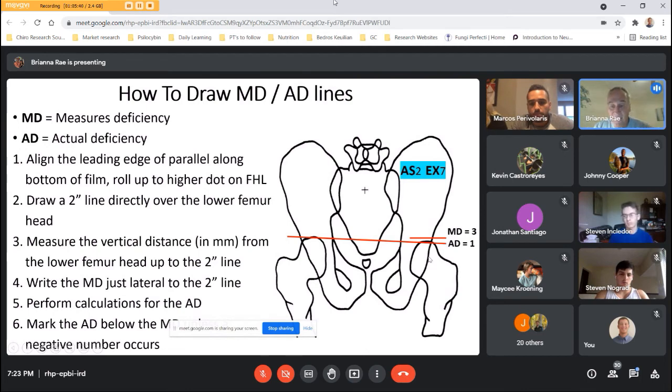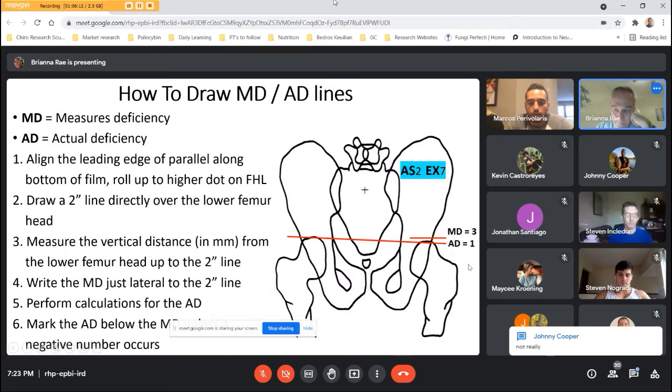We don't know the exact length of each leg, but we do know that the right one, if the ilium misalignment was corrected, is actually anatomically shorter. That's the AD of 1 millimeter. Did that answer your question, Johnny? He said, not really.